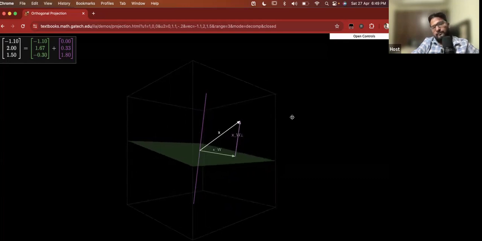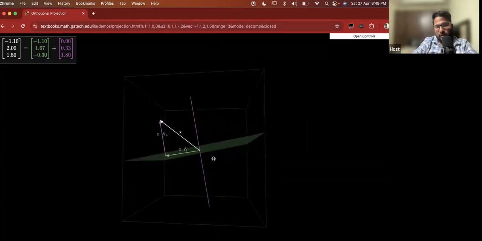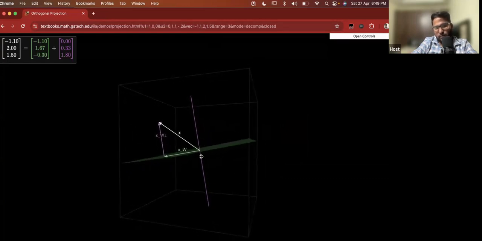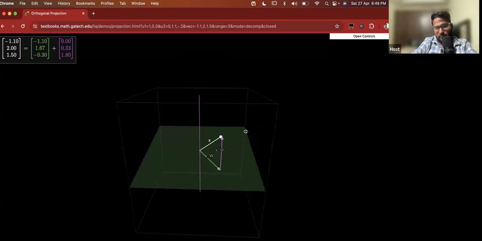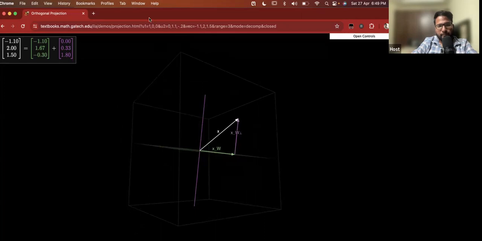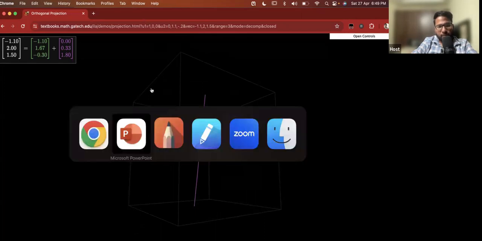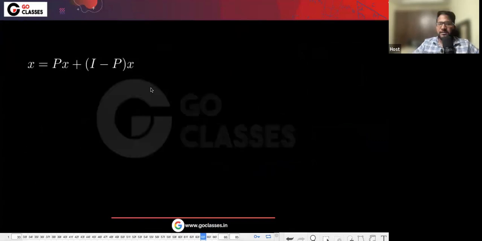Is this fine? You can play around with it. There are multiple visualizations available, so I just took one of them. Now, interestingly, let's suppose I want to project this x or b, whatever.